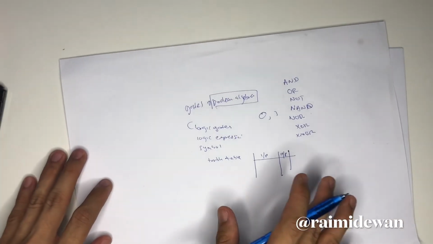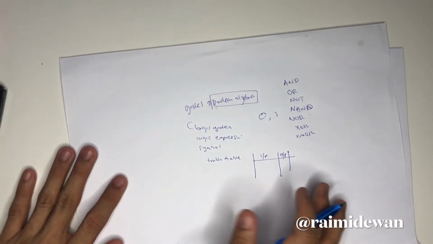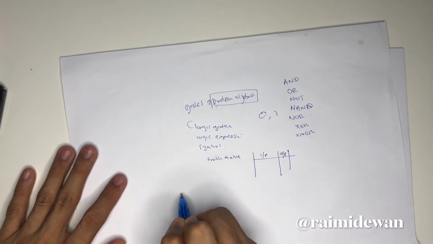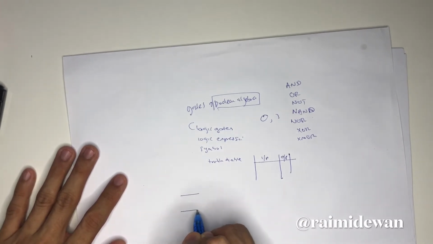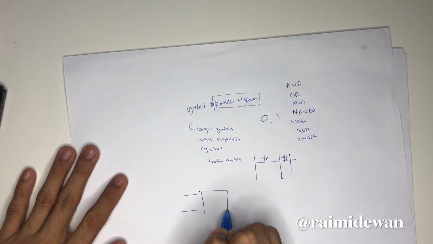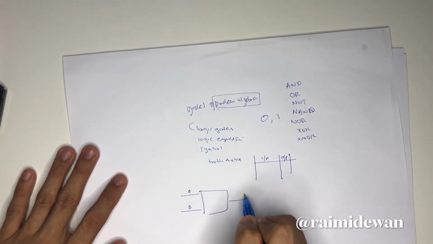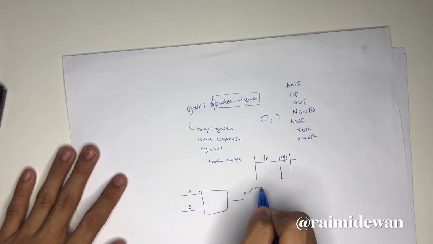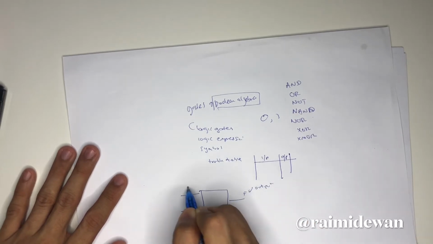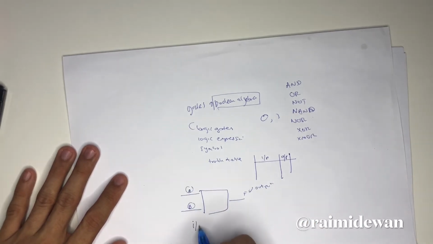The concept of the generic two input logic gate starts with, for example, A and B as inputs and F as your output.